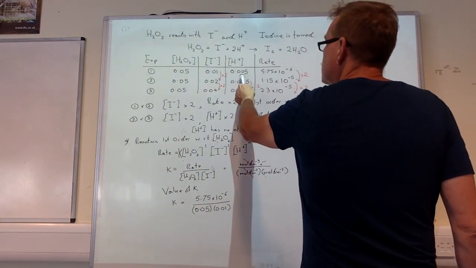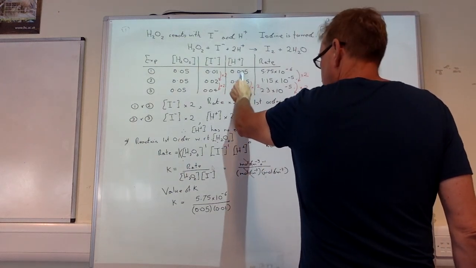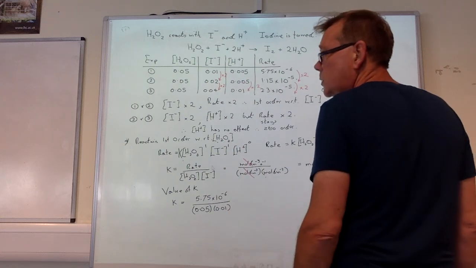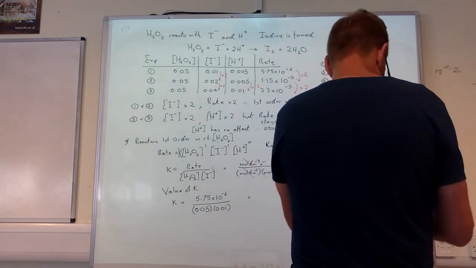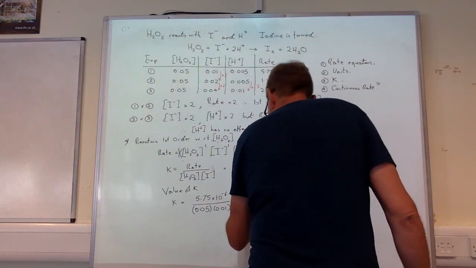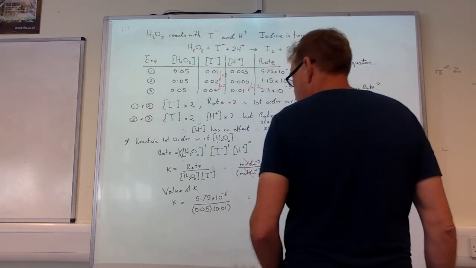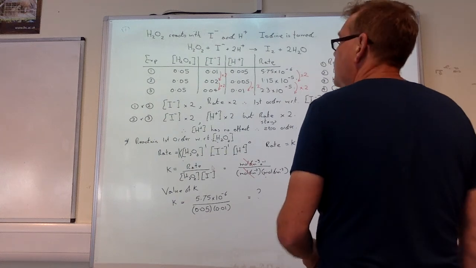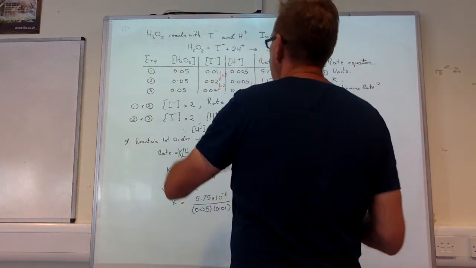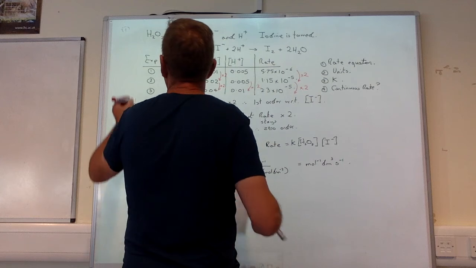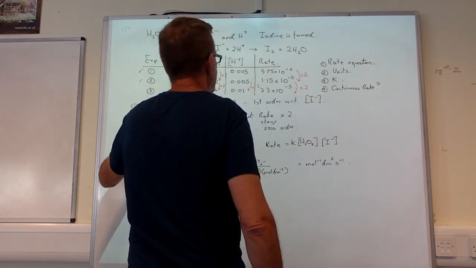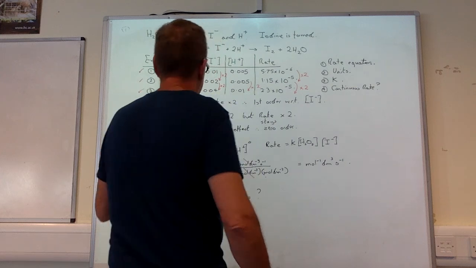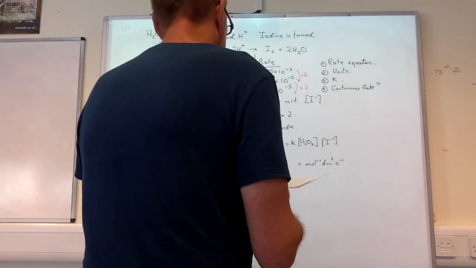You don't need to put that one in. It's not in the equation because it's zero order. Work it out. Comes to. Guess what? Don't know. I ain't done it. I ain't got a calculator. Either way, you work it out, right, based on that line of data. Then work it out based on that line of data. Should be the same. Then work it out based on that line of data. Should be the same. Okay?